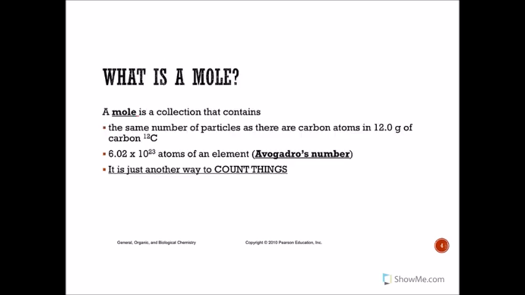Well, what is 1 mole? 1 mole is a collection that contains the same number of particles as there are carbon atoms in 12 grams of carbon, or 6.02 times 10 to the 23 atoms of an element. This is Avogadro's number, and it's just another way to count things. So just like 1 dozen means 12, 1 mole means 6.02 times 10 to the 23. Just a much larger number.